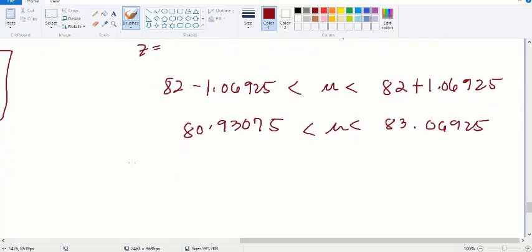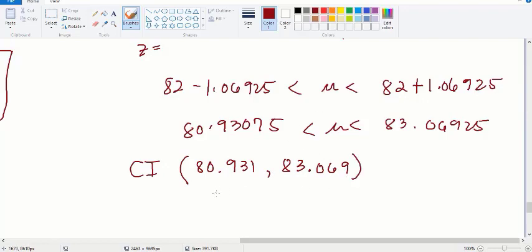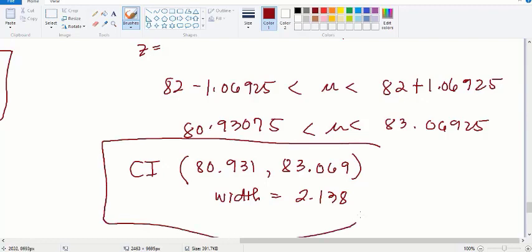So, meaning, your confidence interval is 80.931 to 83.069. And the width of that is 83.069 minus 80.931, which is 2.138. Okay, so that's it. That should be the final answer.